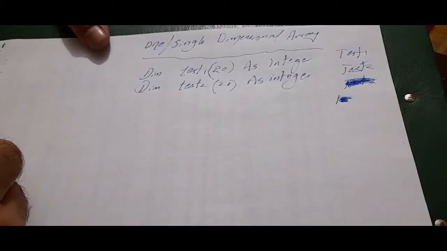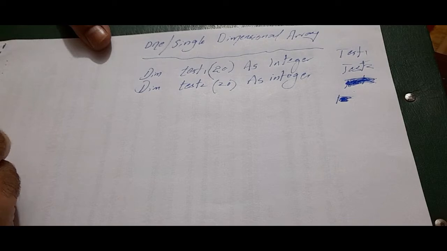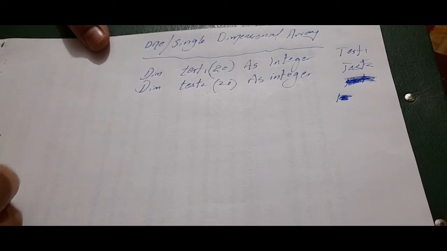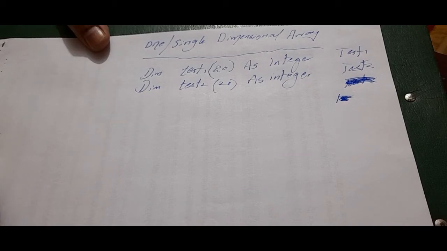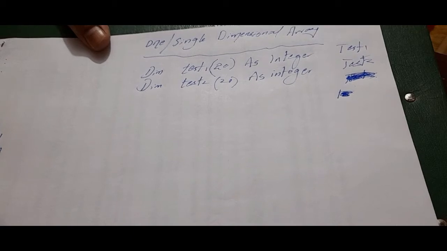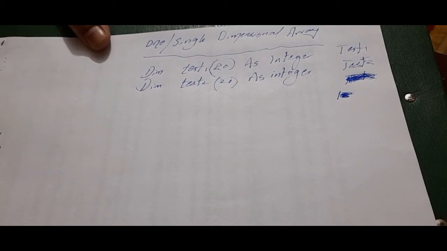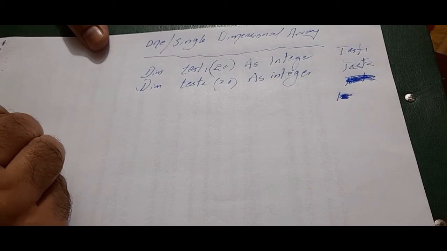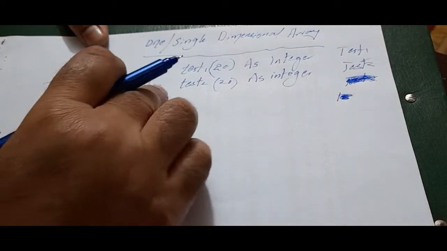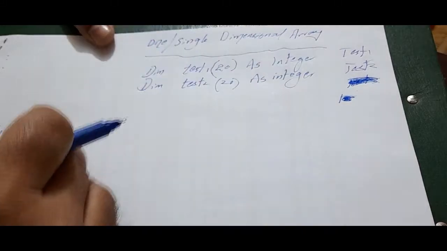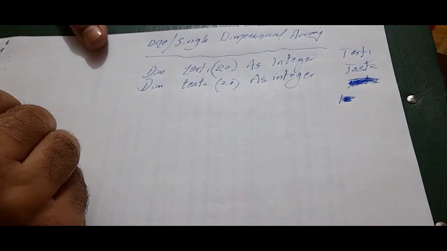What happens at the back end is that the OS makes a block for test1 with different floors or locations that start from 1, which we learned last time, then 2, 3, 4, and so on. The last box will be number 20. The same is the case with the second line, where we have declared another array named test2.